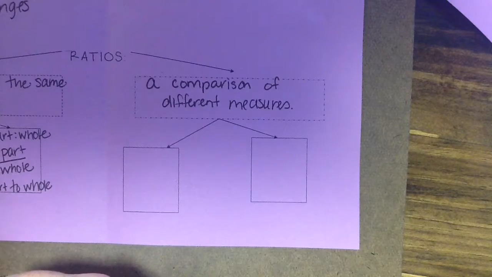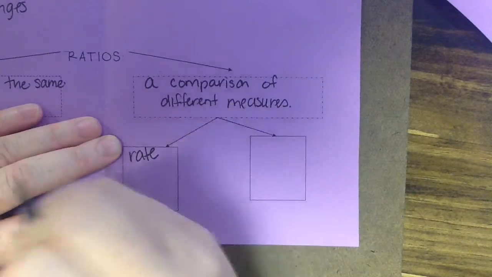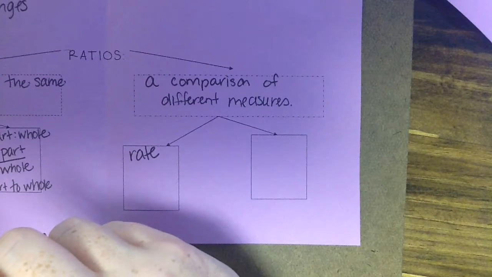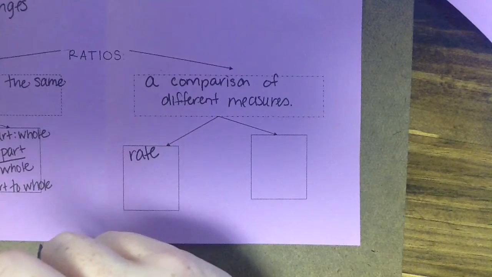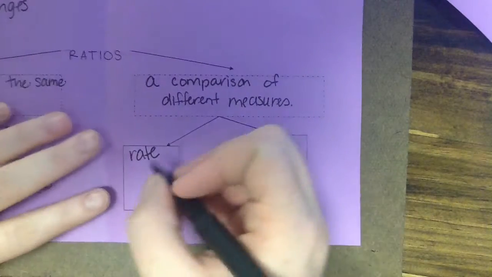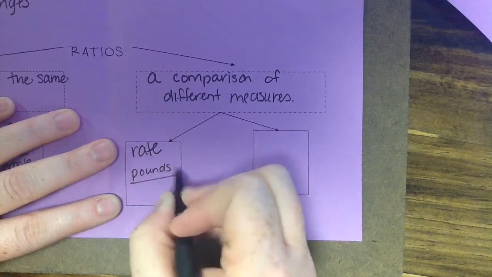So I'm going to give this in a couple of different ways. It's going to be a rate, which could be pounds to ounces, or, you know, there could be a couple of different ways that you could do it. But that'll be the primary one that we talk about.